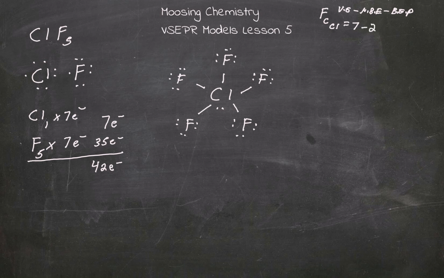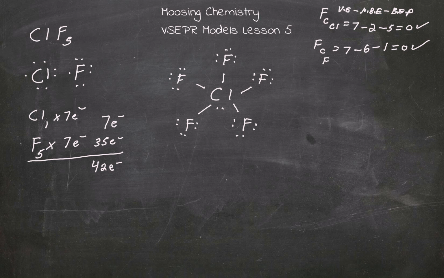Non-bonding, we have 2, and we have 5 bonding pairs. So we get 0. That looks really, really good. Let's do the formal charge for fluorine. Fluorine comes in, of course, with 7 valence electrons, minus 6 non-bonding electrons, minus 1 bonding pair, and that gives me 0 also. So I'm liking this a lot. The formal charge is looking good here.